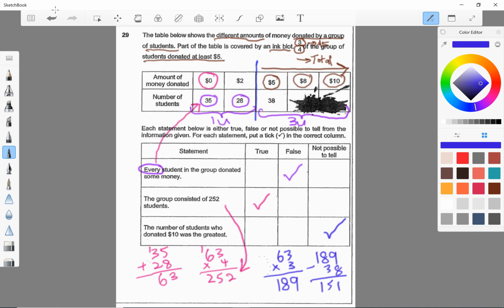Even though the weather forecast said there may be rain, as we all know, this is Singapore, it can be raining cats and dogs one moment, the next moment it could be the blazing hot sun. So if the statement says that it will rain at your neighborhood at 7 AM, 10 AM, or 12 noon the next day, it has to fall under not possible to tell.